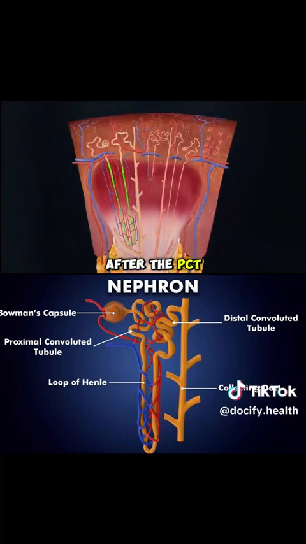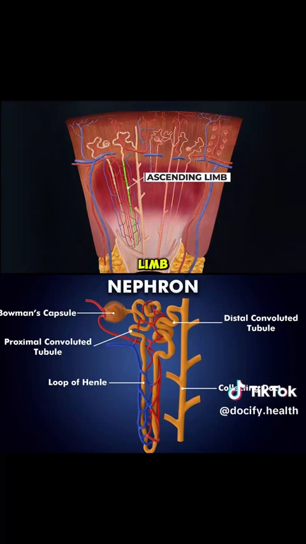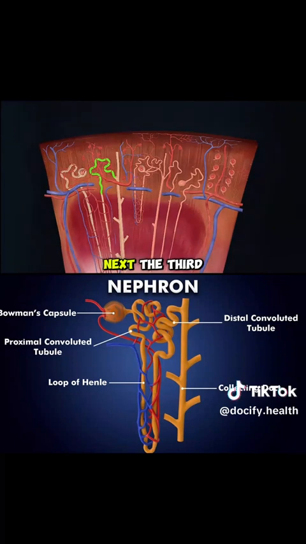After the PCT, the second part of the renal tubule starts. This part is a U-shaped tube present in the medullary region of the kidney, called the loop of Henle. The part of the tube going downwards is called the descending limb, and the part going upwards is called the ascending limb. Next, the third part of the renal tubule starts.